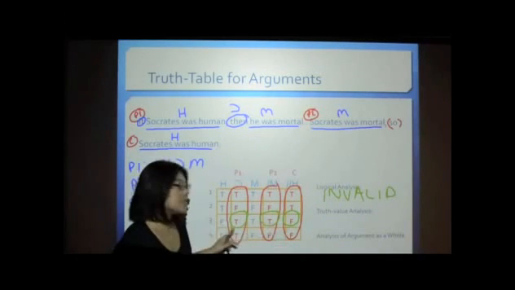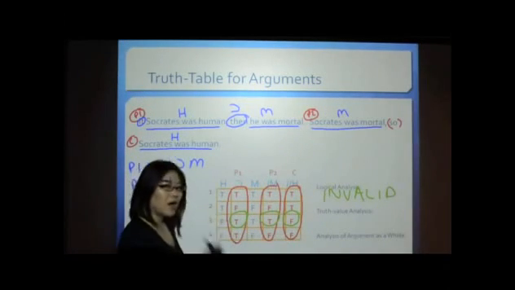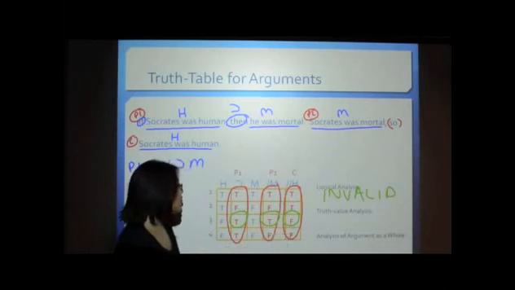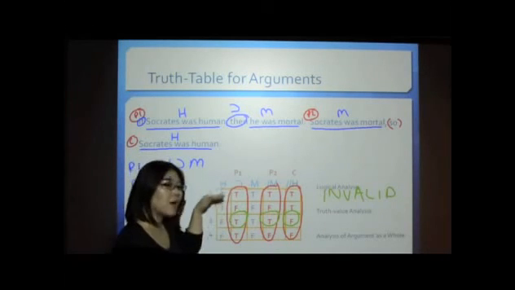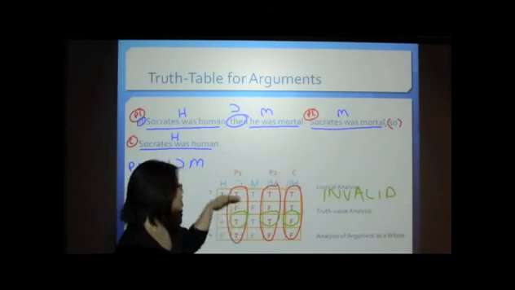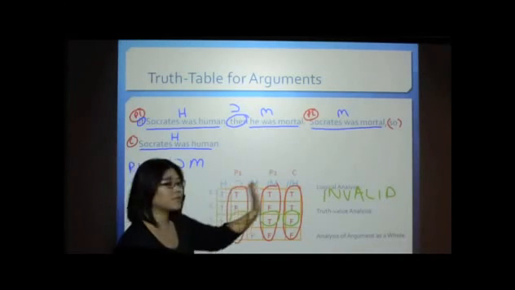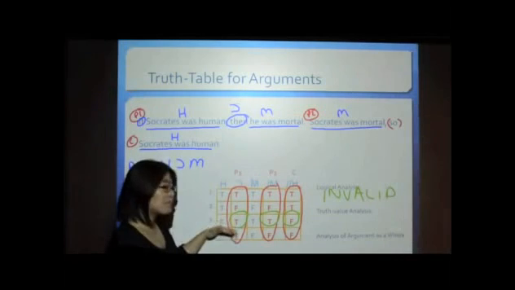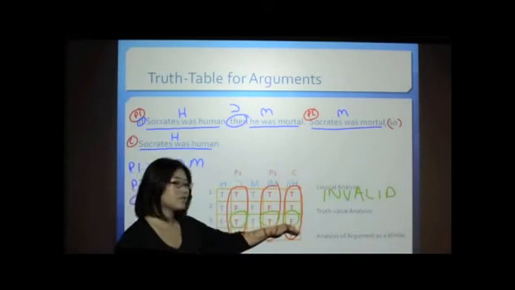This line basically tells us that it is possible for this argument to have true premises and a false conclusion. Because remember, each line is a possibility. These are possible truth values that these premises can have. So here you have a case where it's possible, in line 3, to have true premises and a false conclusion.